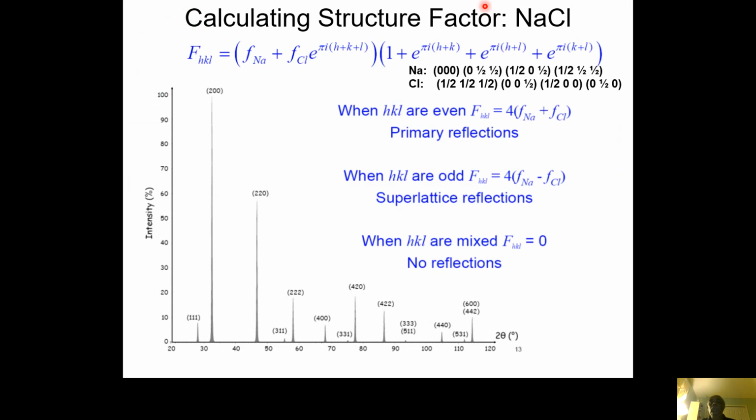Okay, now if you consider sodium chloride, it is an FCC structure, right? You have these 4 atoms, but they are different atoms, sodium and chlorine. So that means the atomic form factors of sodium and chlorine are different.